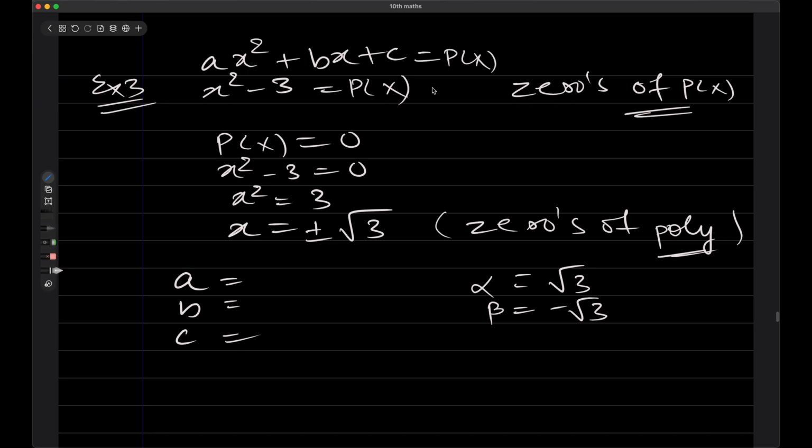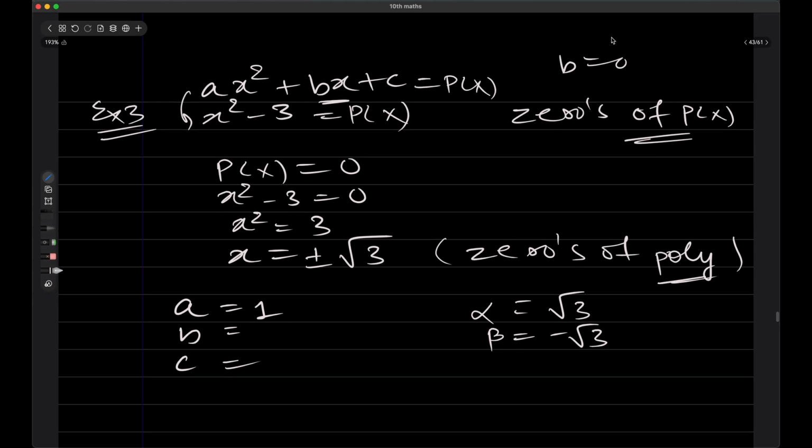We get a equals to 1. The x term is not given, so we can write b equals to 0, because multiplication of 0 into any constant is 0, that is b equals to 0, and c, that is the constant term, is minus 3.